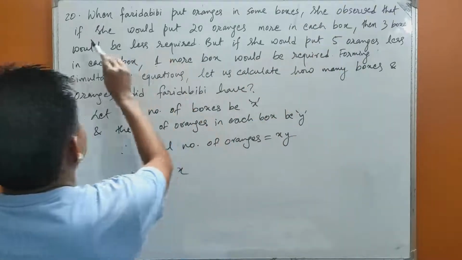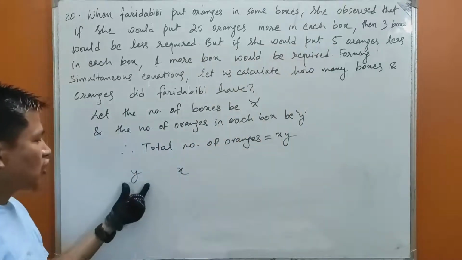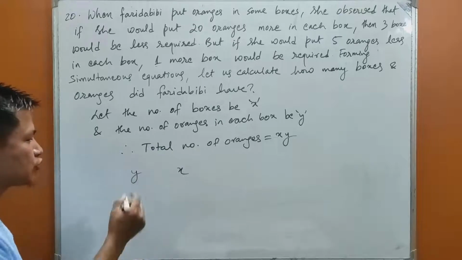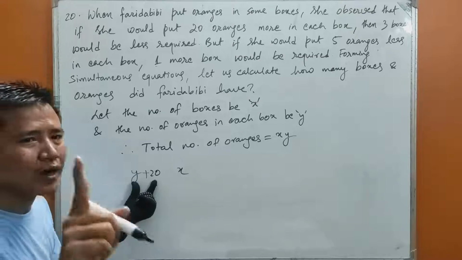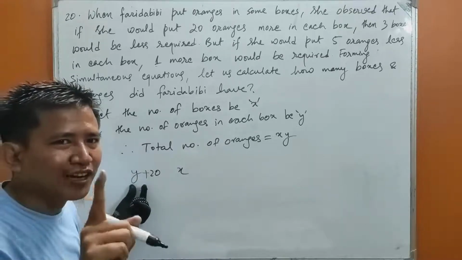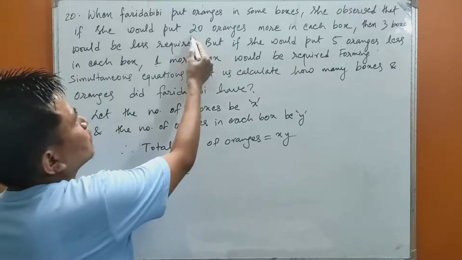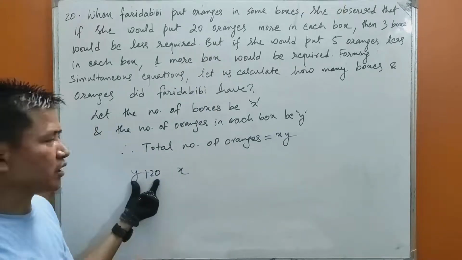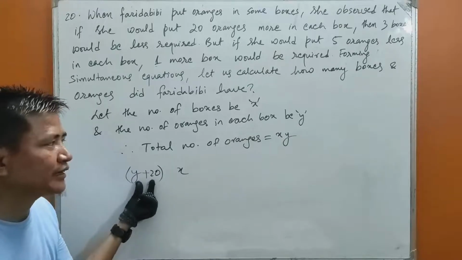She observed that if she would put 20 oranges more in each box, originally each box contained only y oranges, but she put 20 oranges more in each box. That means the total number of oranges in each box is y plus 20, isn't it?